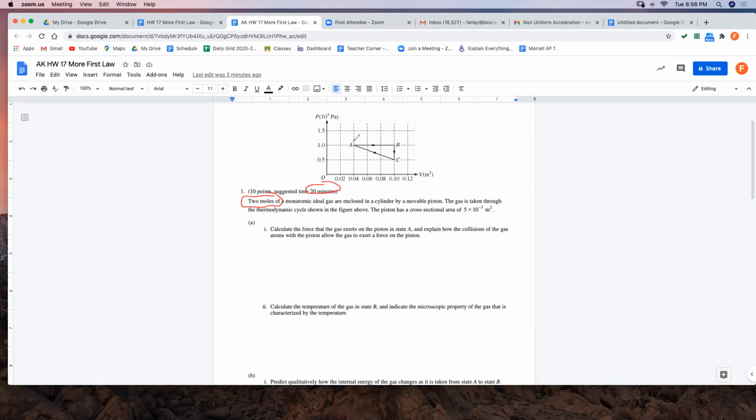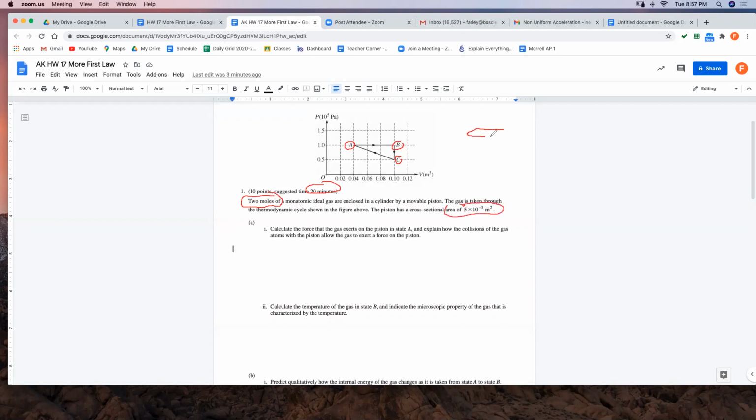So it's going from A to B at constant pressure, an isobaric process, then a constant volume, isochoric process from B to C, and then from C back to A. That's not really any specific type of process. That's not isothermal. It's just a process. And you're given the area, obviously, 5 times 10 to the minus third.